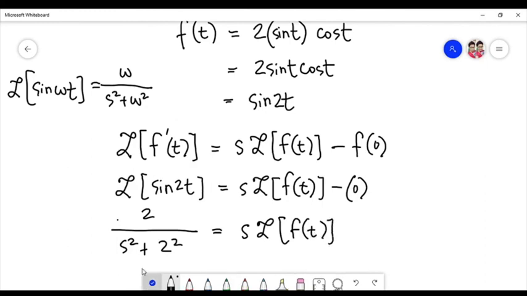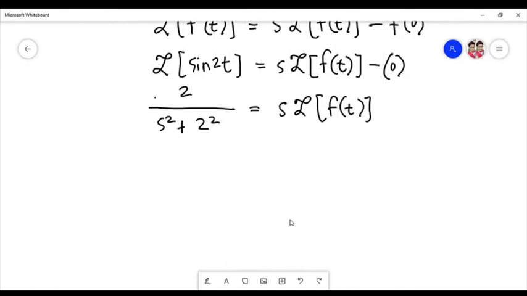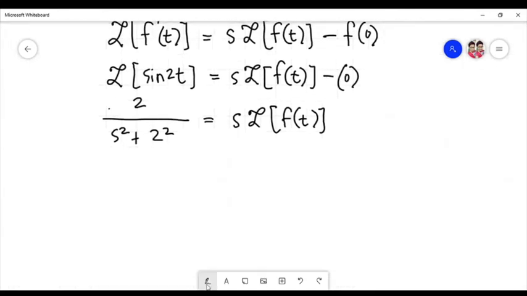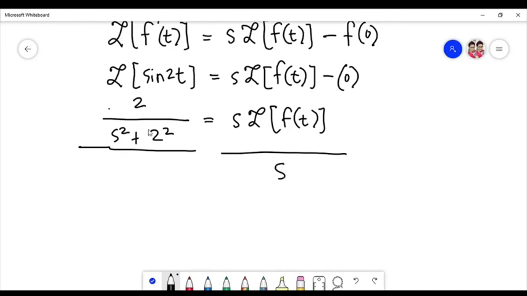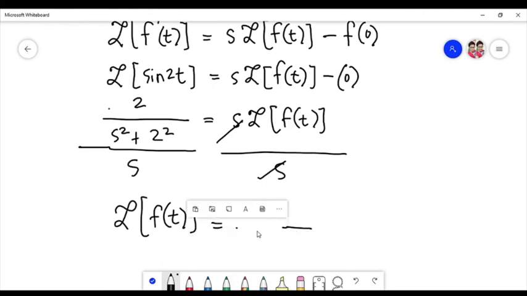Therefore, if we divide both sides by s, the Laplace transform of f of t is equal to 2 over s times s squared plus 4.